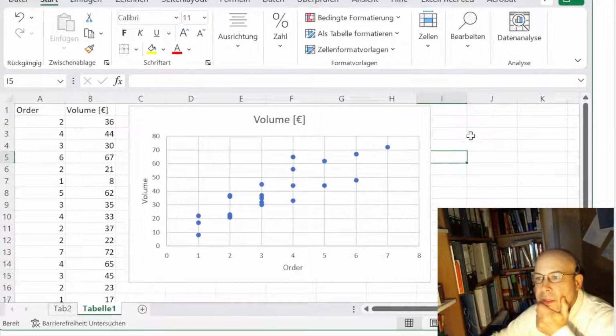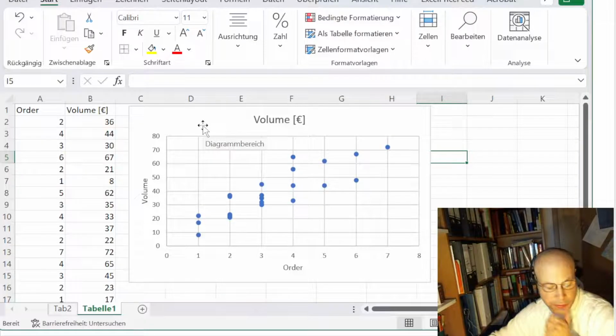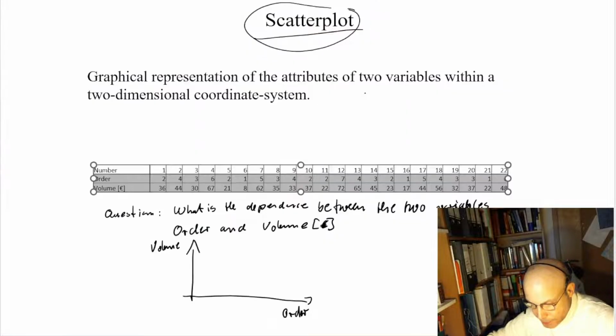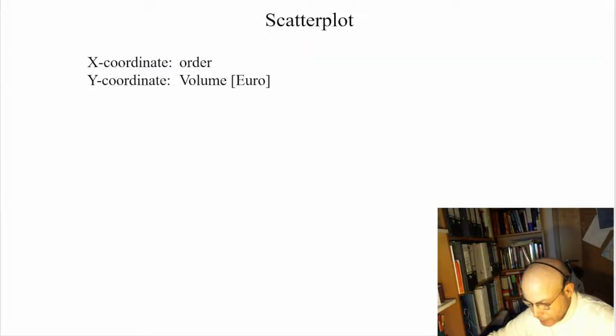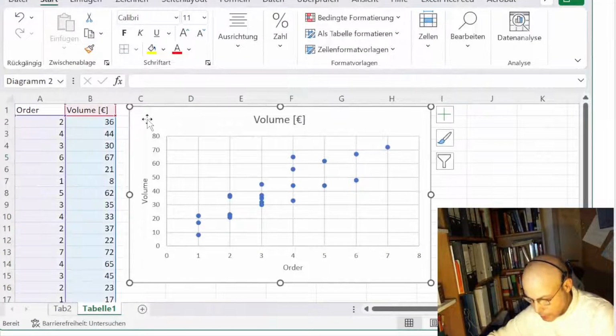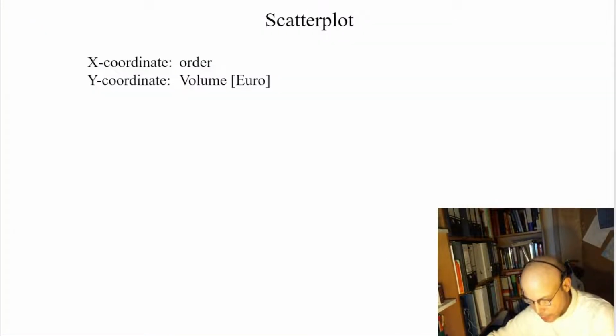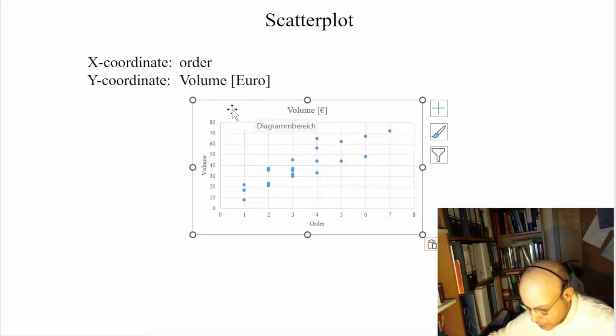Well, and this is always a good thing to do, that at first, if you have data, you use some graphical representation. So let's put this into our slides.